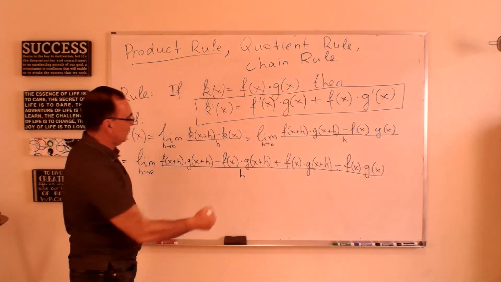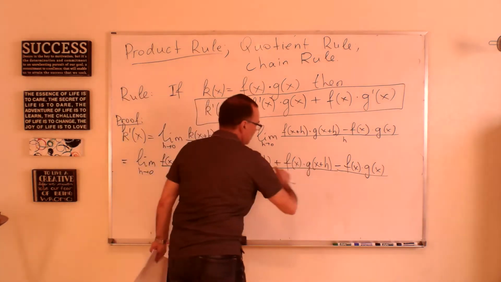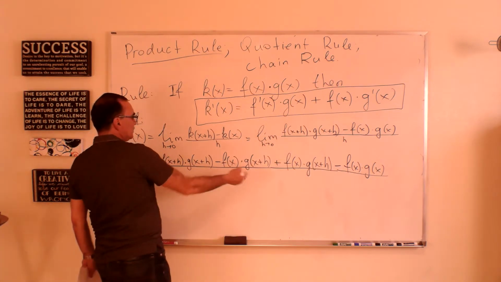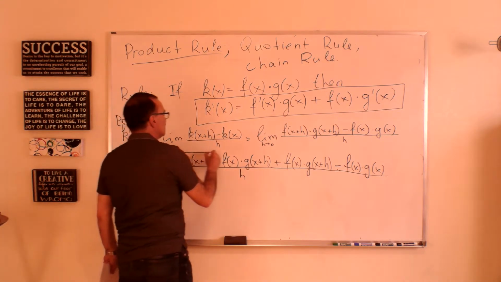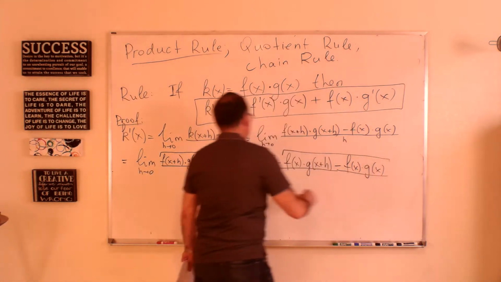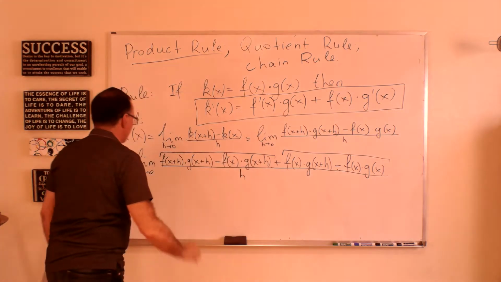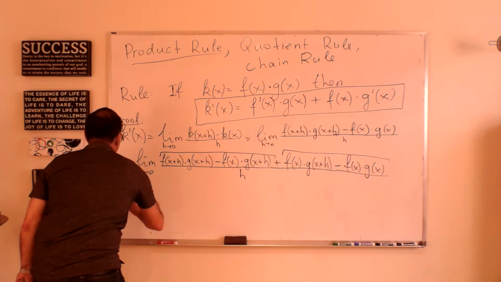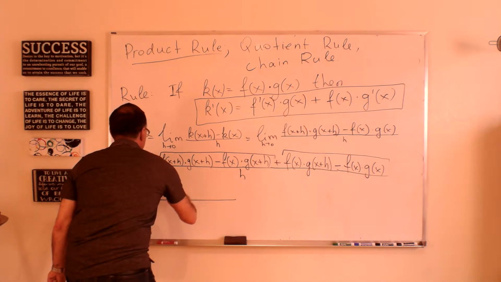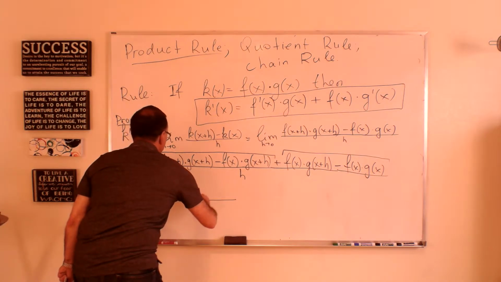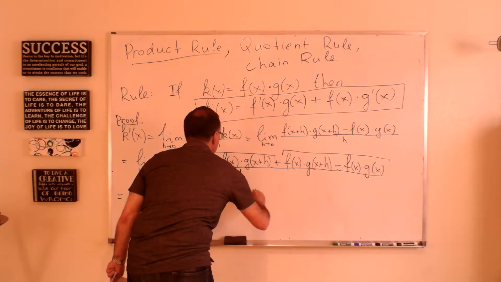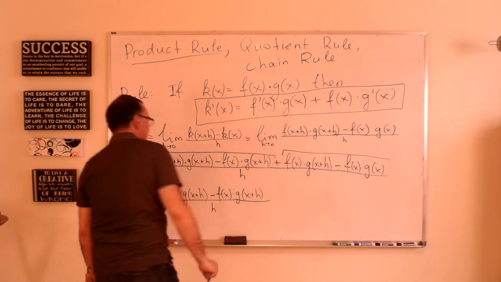Now this long formula, once again, I have first subtracted, then added the same thing inside the formula, so it doesn't change it. Now I will split the formula in two, and so the limit will split in two, so first limit of this part, and then limit of this part. Because it's a fraction, each part will be divided by h. So it will end up like this. Limit as h approaches 0, f of x plus h times g of x plus h minus f of x times g of x plus h over h.